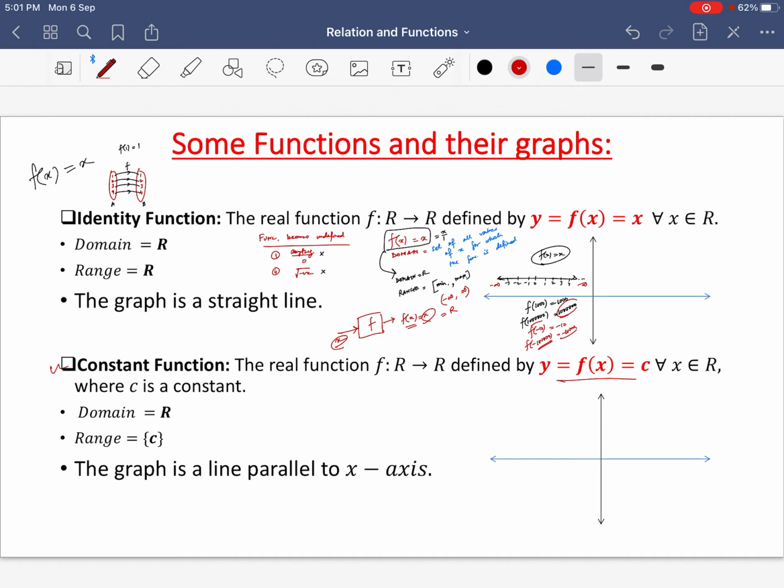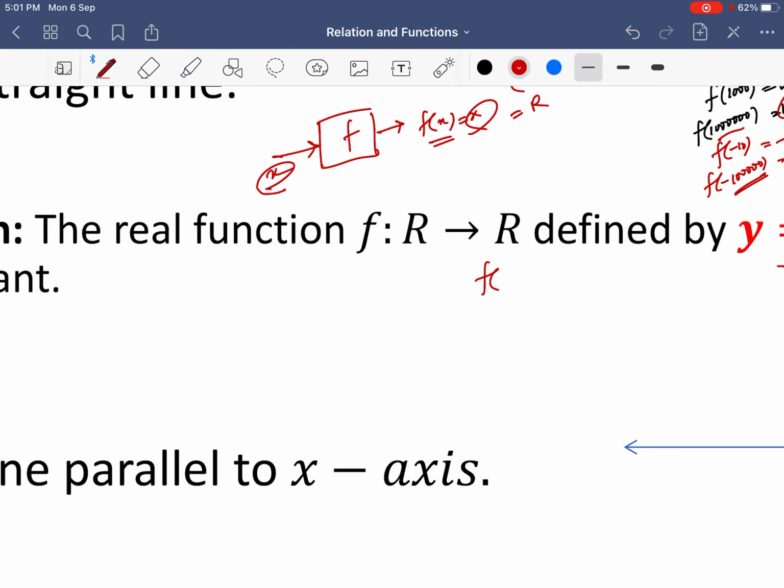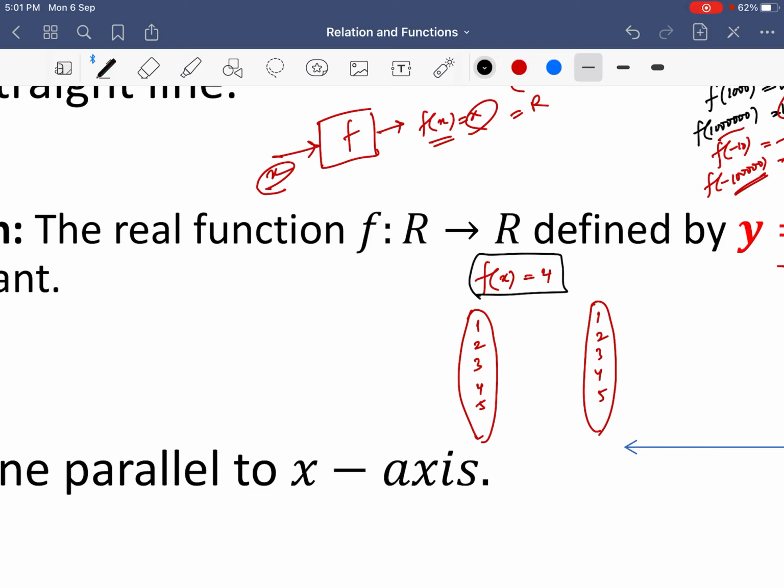So suppose we have f(x) equals 4. What does it mean? If I do an arrow diagram with 1, 2, 3, 4, 5 and do a mapping, f(x) is equal to 4, so it's a constant function. f of 1 will also be equal to 4, because it's a constant function.